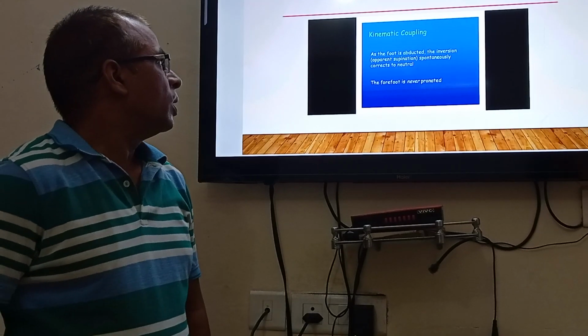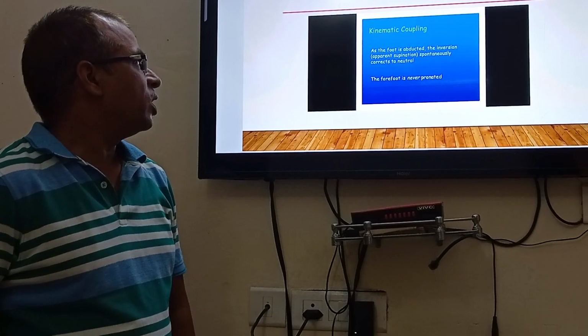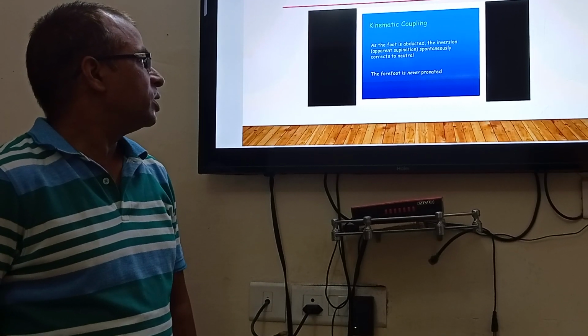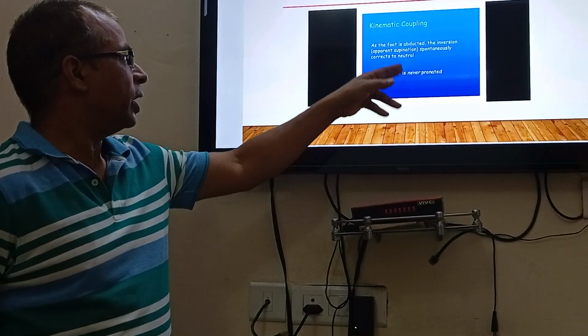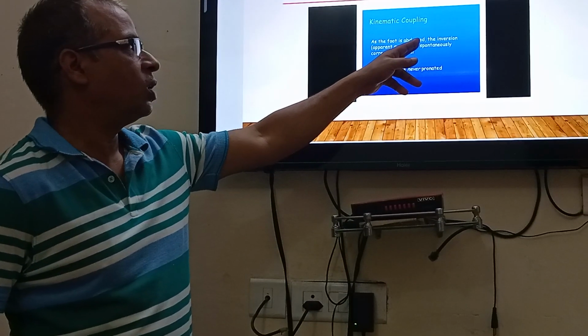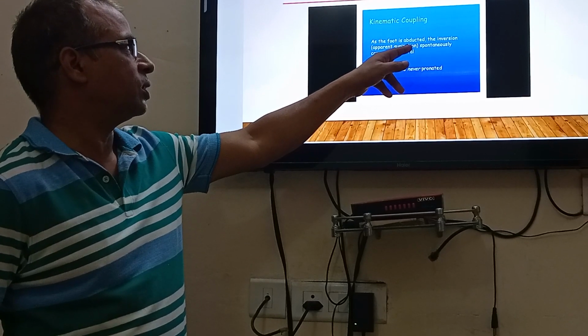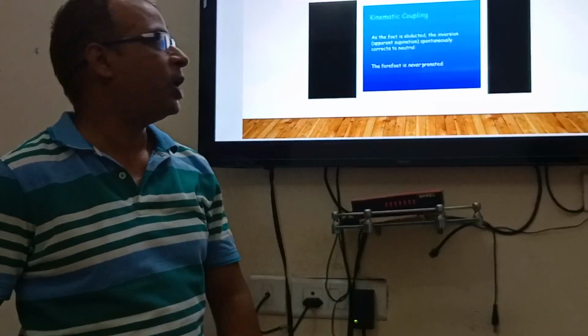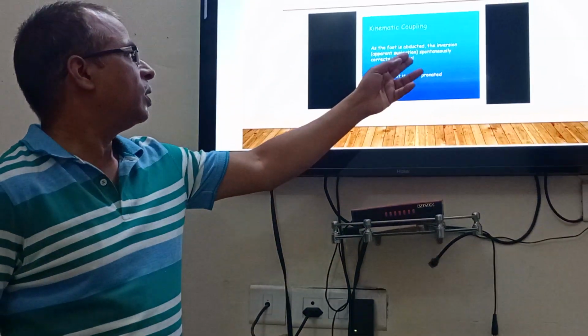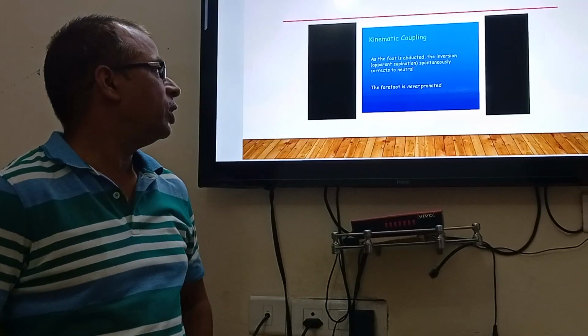As the foot is abducted, the apparent supination spontaneously corrects to neutral. So abduction of the foot is necessary. This is the kinematic coupling. As the foot is abducted, the inversion spontaneously corrects to the neutral.